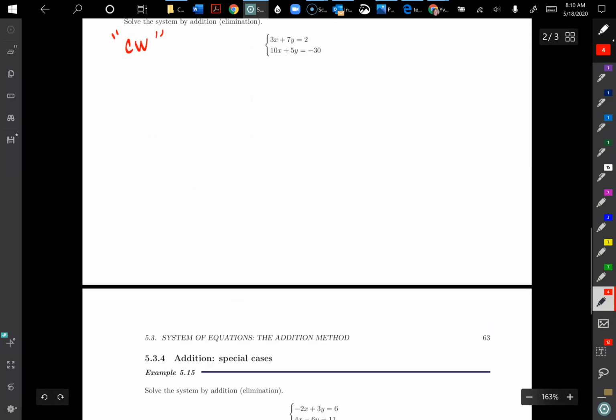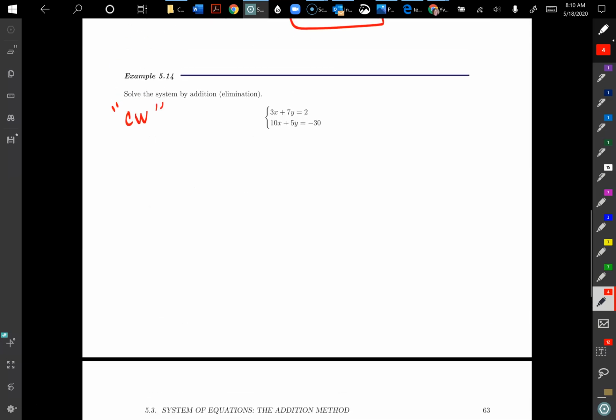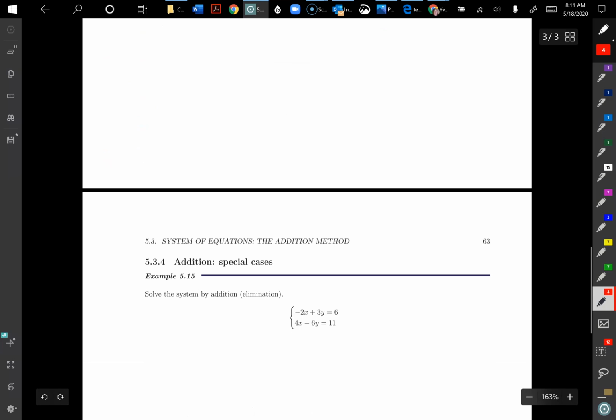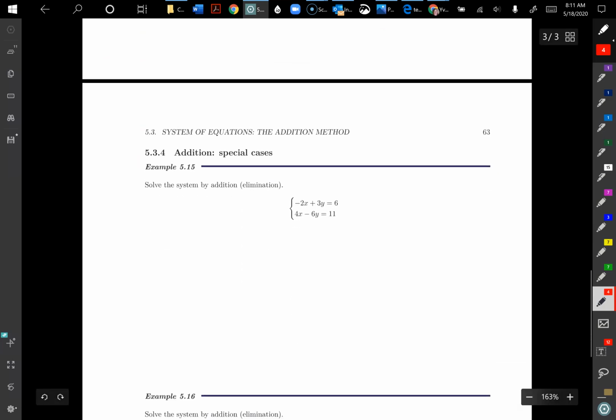I will go through all of these as well in the video, but if you want to just go ahead and skip up, the answer for 514 should be negative 4, 2. So if you're getting that and you're able to follow the process, just write it out, make sure you turn it in and everything, but you don't have to watch the whole video.